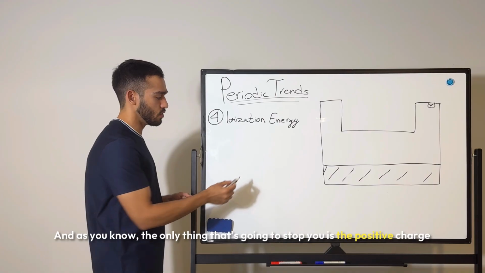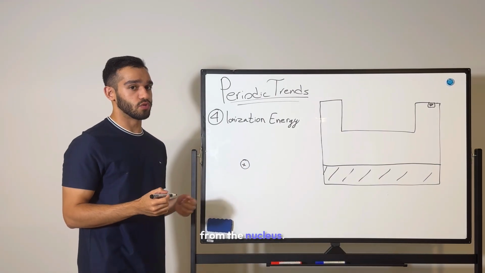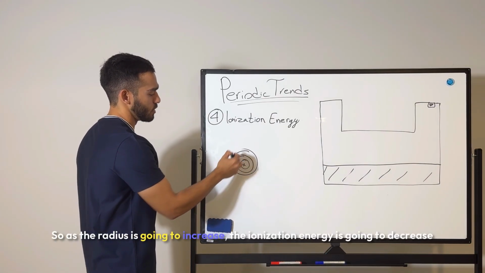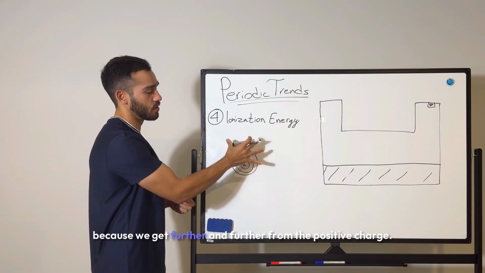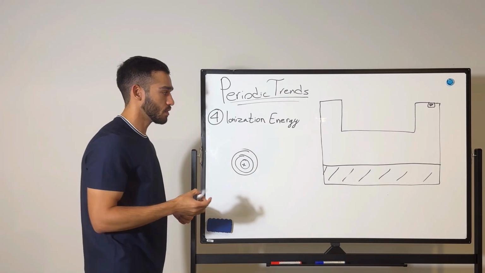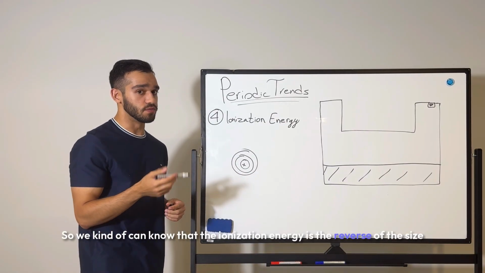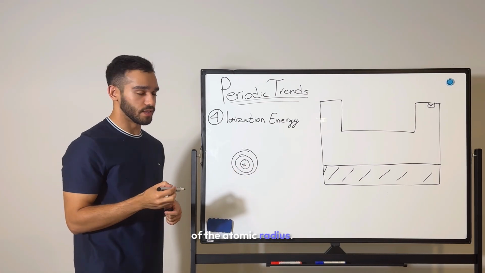And as you know, the only thing that's going to stop you is the positive charge from the nucleus. So as the radius is going to increase, the ionization energy is going to decrease because we get further and further from that positive charge. So we kind of can know that the ionization energy is the reverse of the size of the atomic radius.